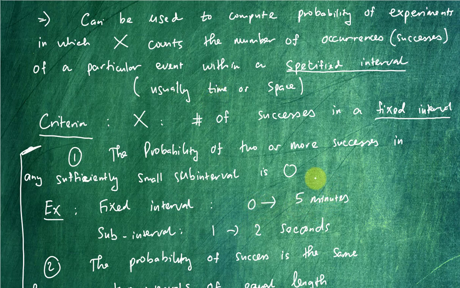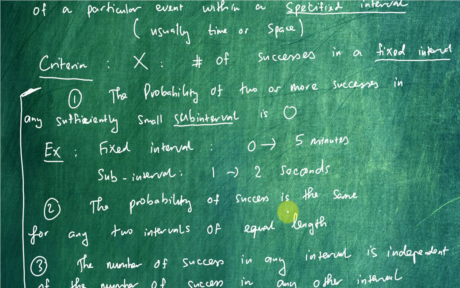And now we consider a small subinterval. The small subinterval could be 1 to 2 seconds or 3 to 4 seconds. So make sure that the probability of 2 or more successes in any sufficiently small interval is 0.